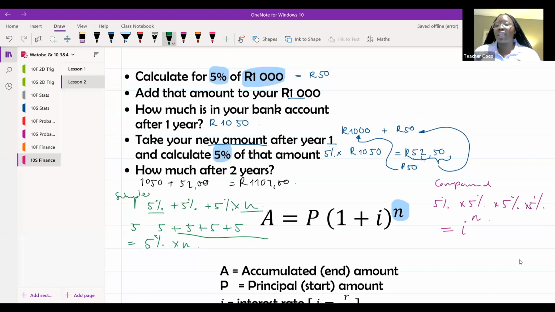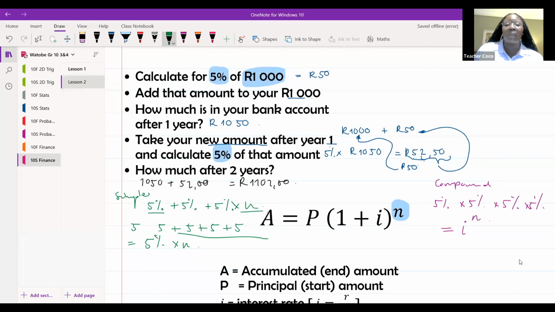Because in simple interest, we're just adding the same amount of interest again and again. So instead of adding 6 million times, we just multiply by however many times. But with compound interest, because we're calculating interest on top of interest, so interest times interest times interest times interest, the easier thing to do is just go interest to the power of n.